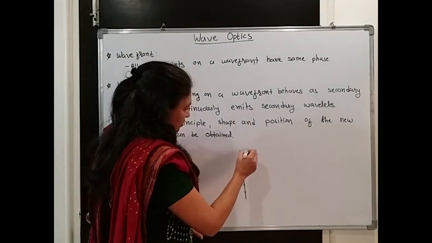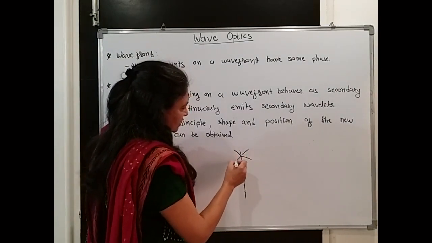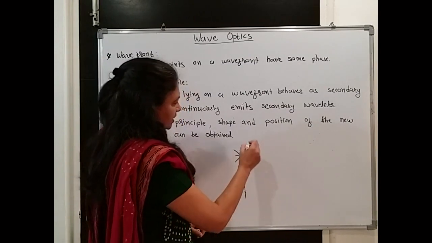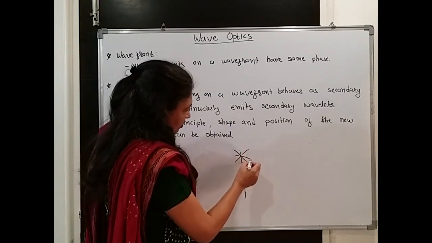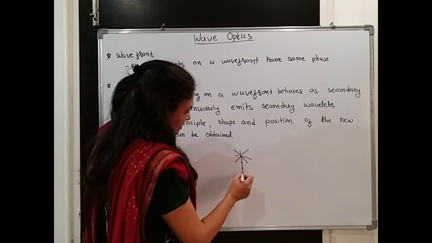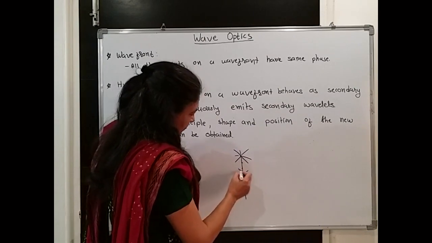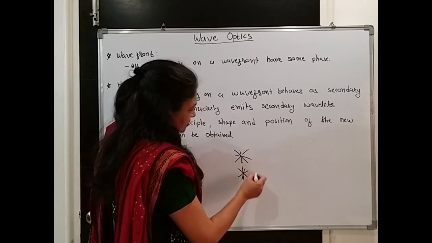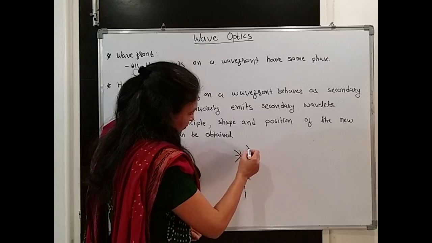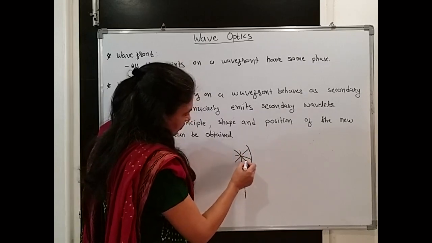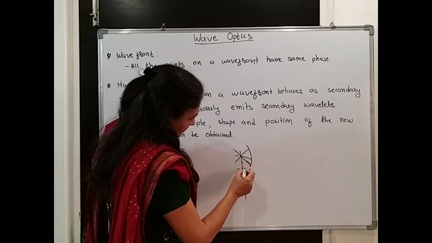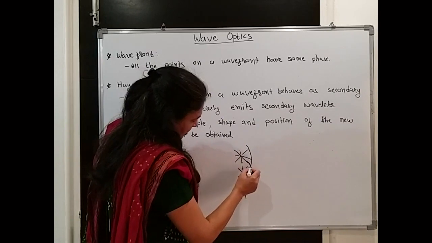So they will emit waves in all directions. Then after some time, if I draw a tangent to all these wavelets, I will get another wave.